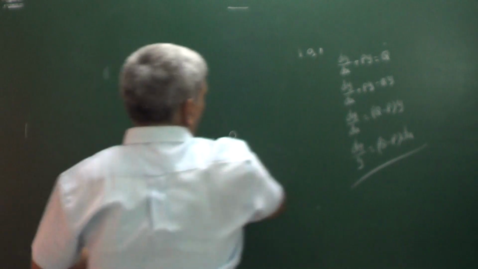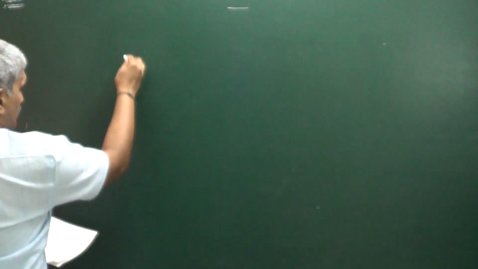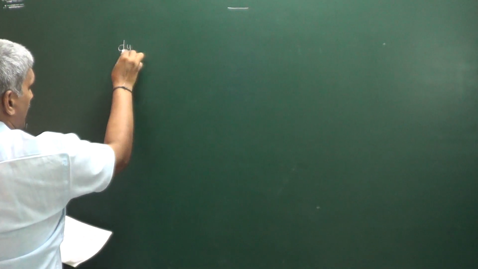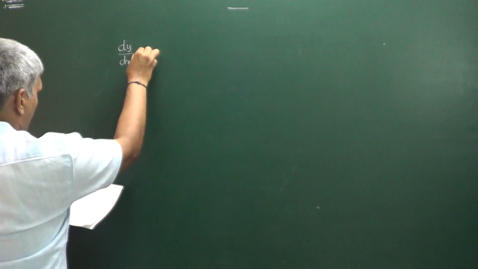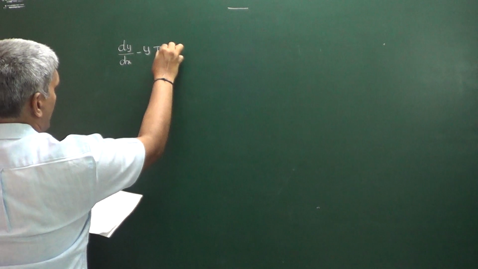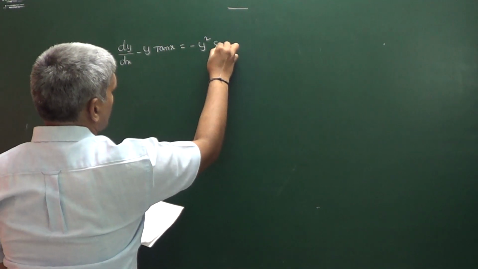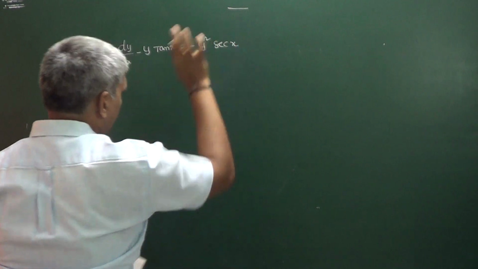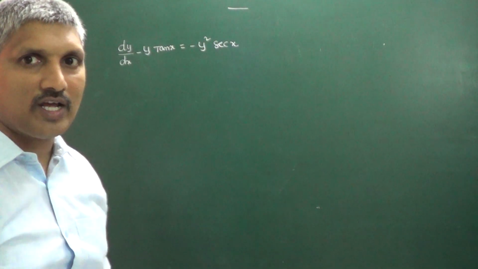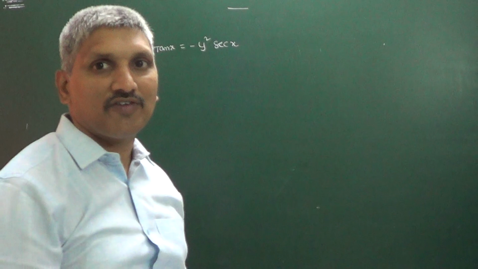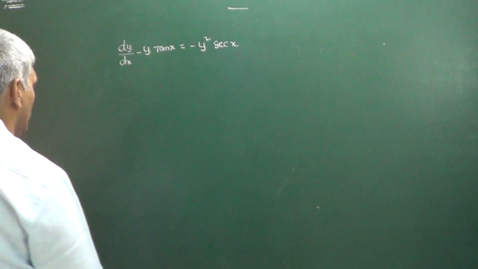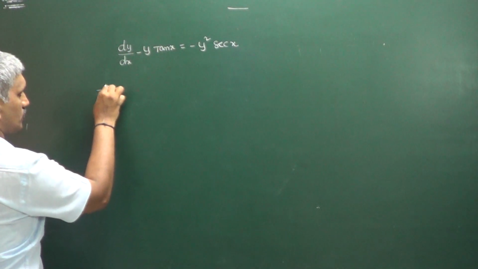So let's participate in the discussion. This is the first question: dy by dx minus y into tan x is equal to minus y square into secant x. Now we divide the entire equation by minus y square.